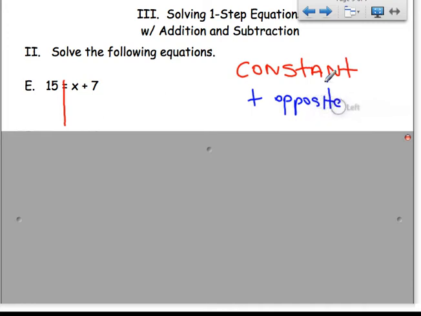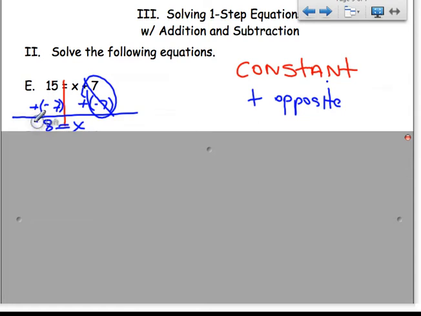of the constant. So that means if I see 7, I'm going to add negative 7 to this side, and I'm going to add negative 7 to this side to cancel the constant. The reason I would do that is 7 plus negative 7 cancels out and equals 0. I've canceled my constant, and I have x left on this side. And 15 plus negative 7 is the same thing as 15 minus 7, which equals 8.